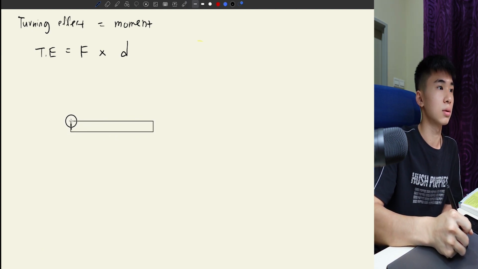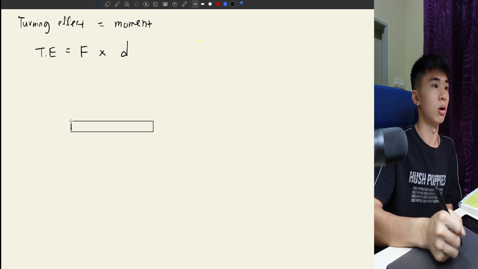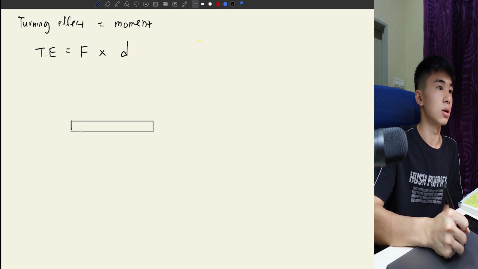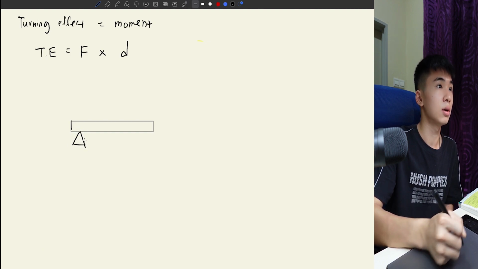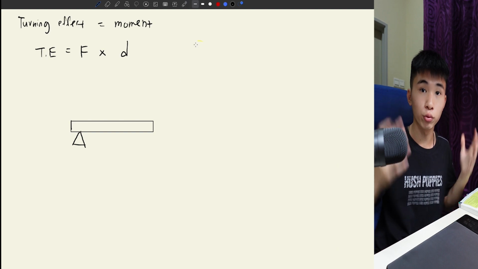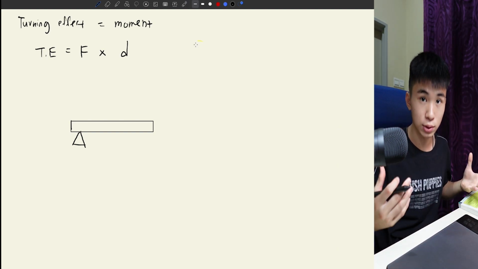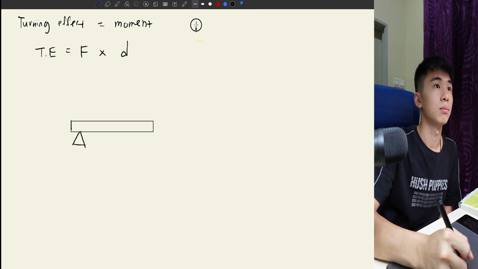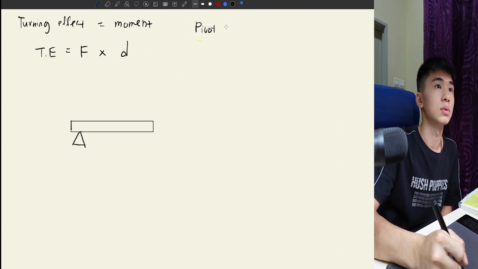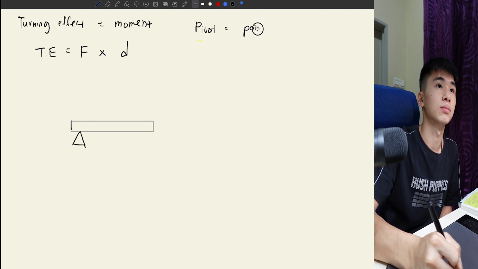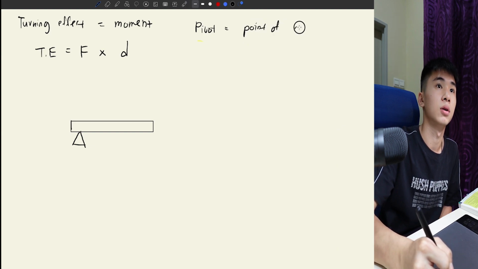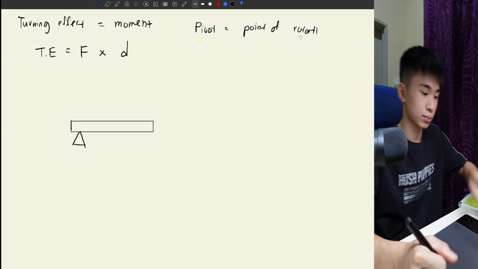This is a wood or a metal bar. So the pivot, I will put a pivot here. Okay, so pivot means the point of rotation, the point where the rotation occurs, we call it as pivot. Pivot equals point of rotation.